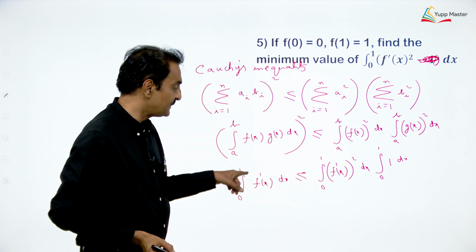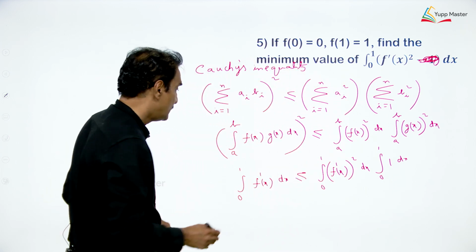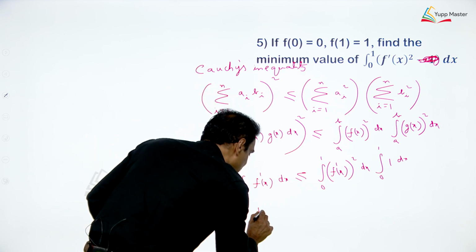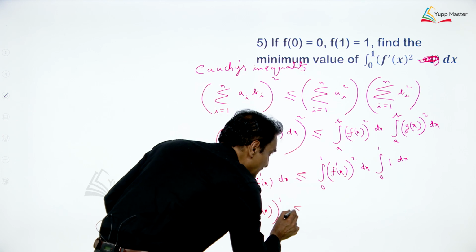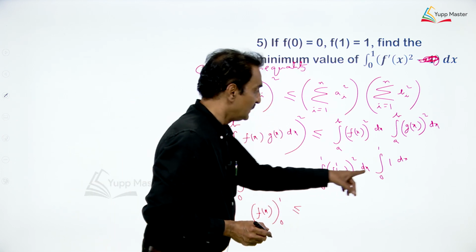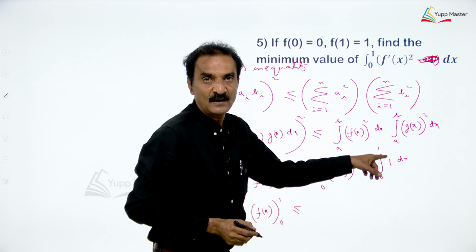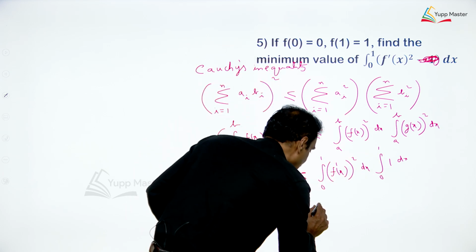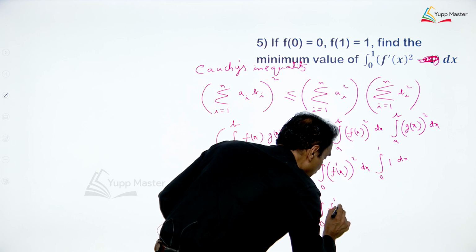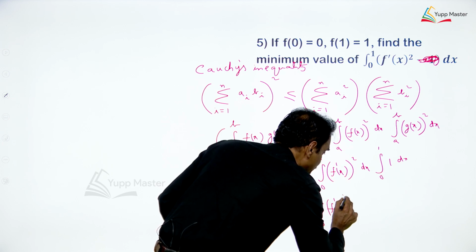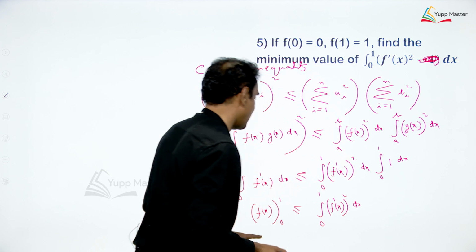Now, what is the value of this integral? It is f of x between limits 0 and 1, whole square, is less than or equal to, this integral is 1, integral 0 to 1 dx is 1. So, it will be integral 0 to 1 f dash x whole square.